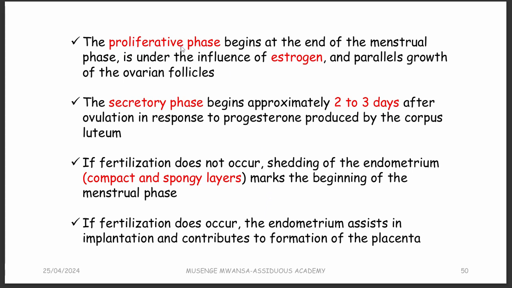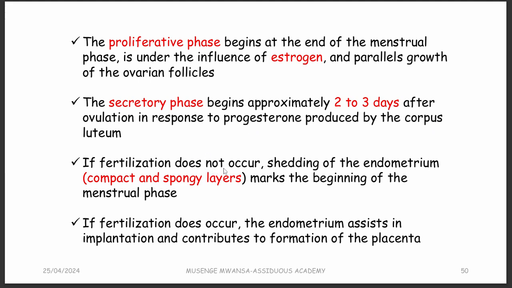In the proliferative phase, which begins after the menstruation has happened, the uterus will begin to grow because of estrogen. The secretory phase will be like 2 to 3 days after ovulation, after the egg is released. And then you are going to remain with what is called the corpus luteum, which is what remains from where the egg was released.